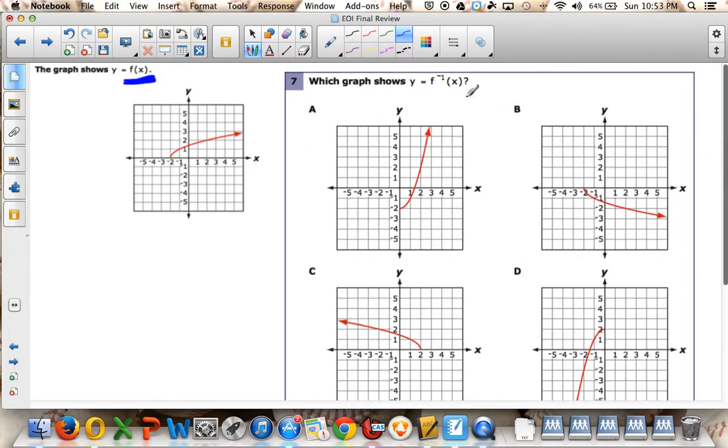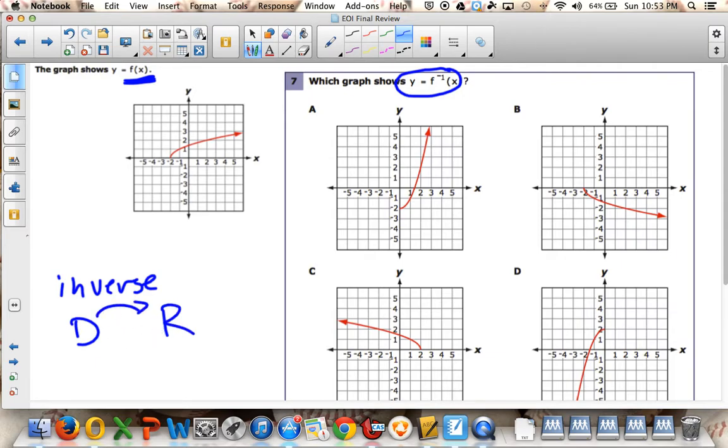So when I have the function notation just like this, f to the negative 1 power, that stands for inverse. And we are trying to find the inverse of this function. These two functions are related by their inverse. And if you recall, inverses is where we take the domain and the range and we switch them.